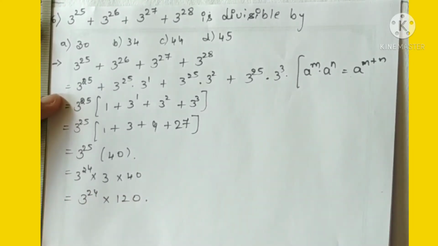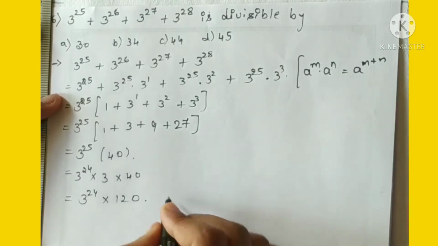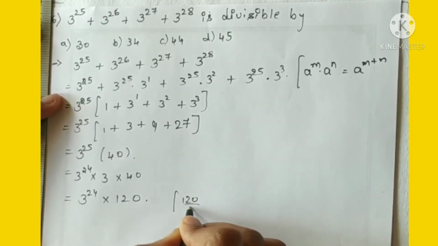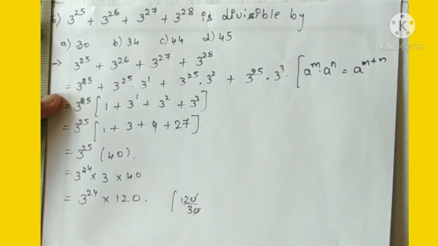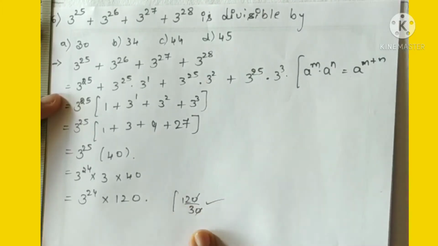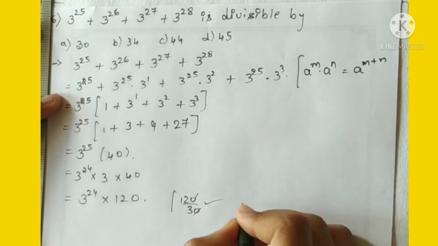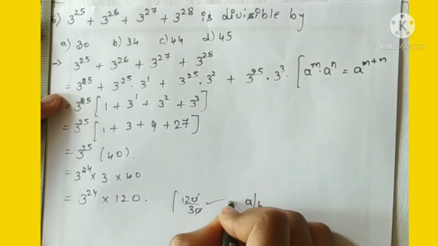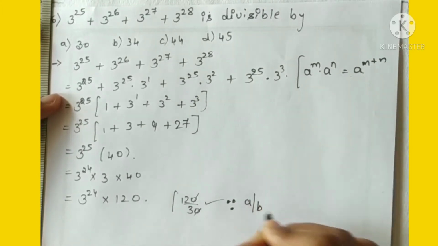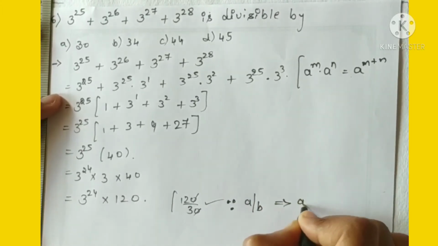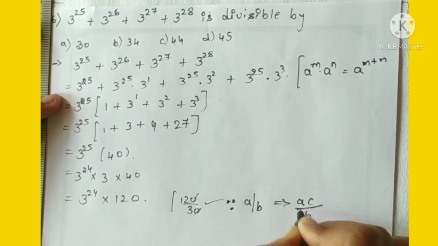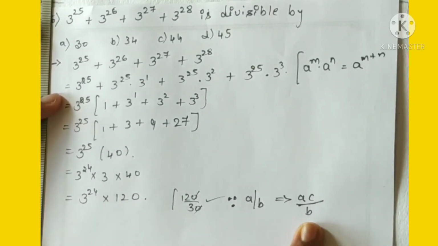Now this 120 is divisible by 30. It is completely divisible. So according to note number 1, if A divides B, then AC is also divisible by B. I just apply this rule here.